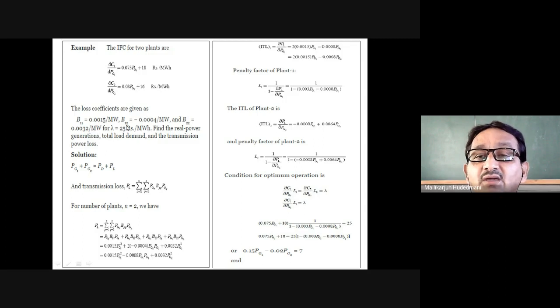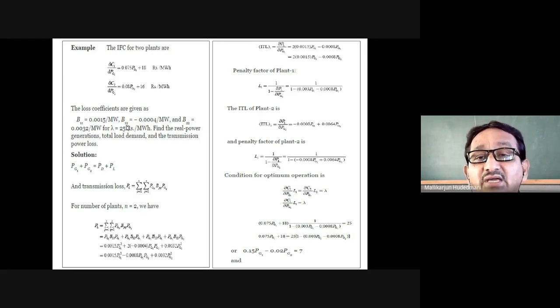You might be knowing that when two machines are interconnected to a system where the system is suffering a loss, the loss PL is written as B11 PG1 square plus B22 PG2 square plus 2 times B12 PG1 into PG2. Using that equation, we need to work out here. So that is the reason how many B coefficients are given matters.